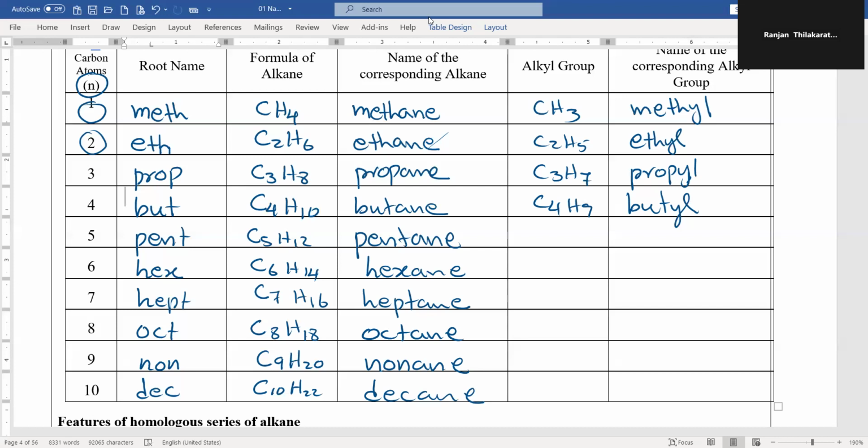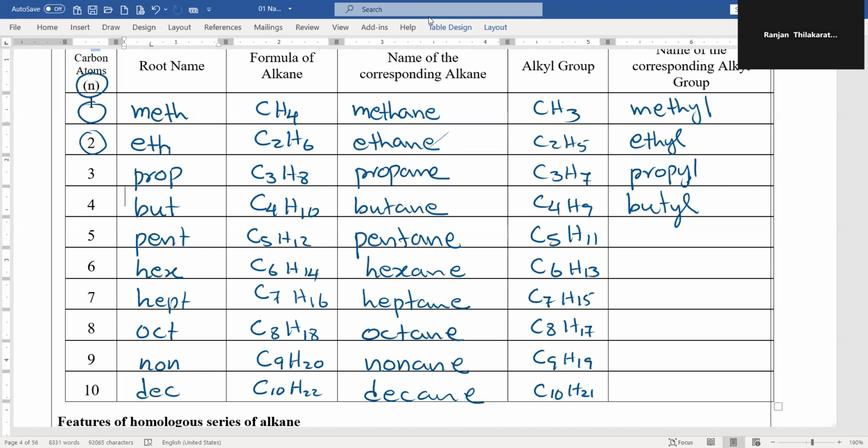Right? Then C5H11, C6H13, C7H15, C8H17, C9H19, and C10H21.